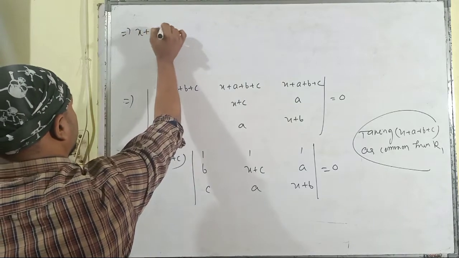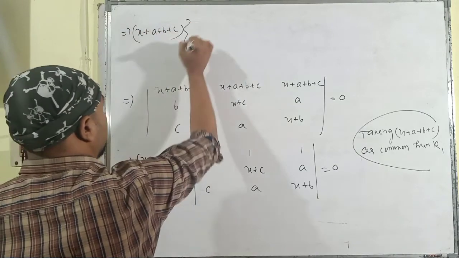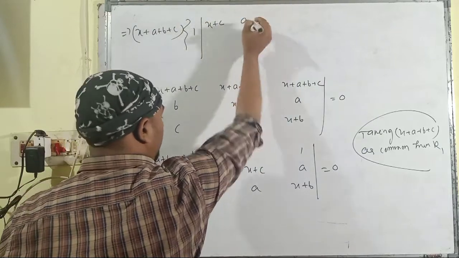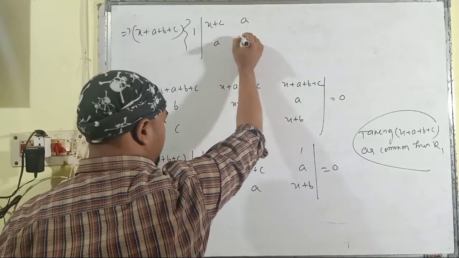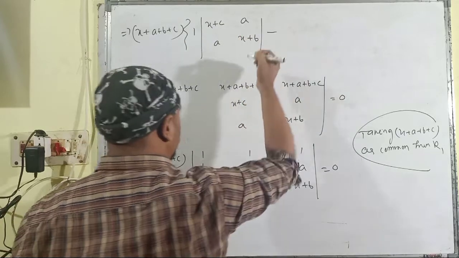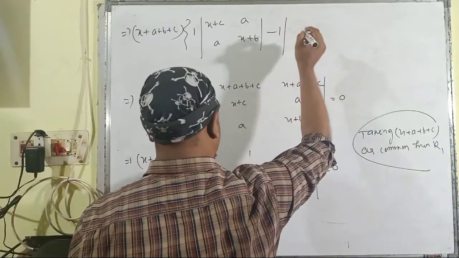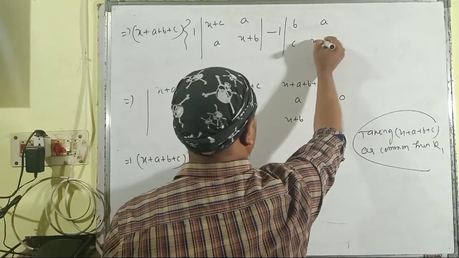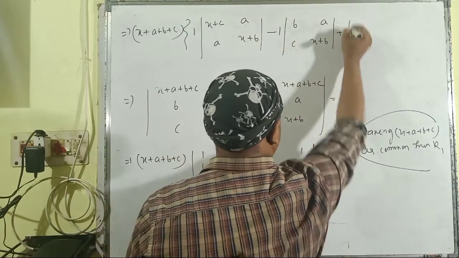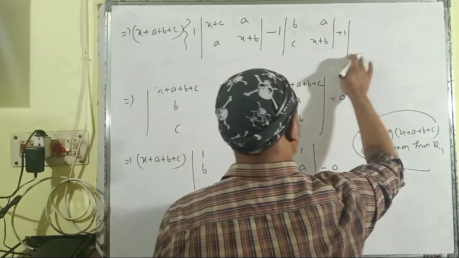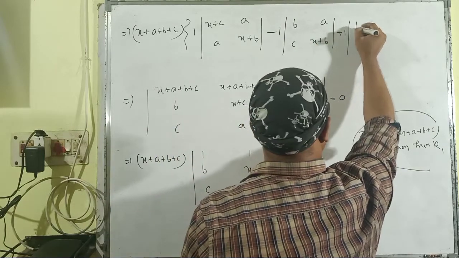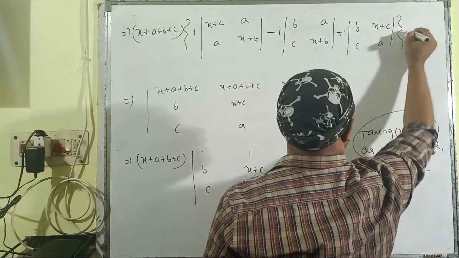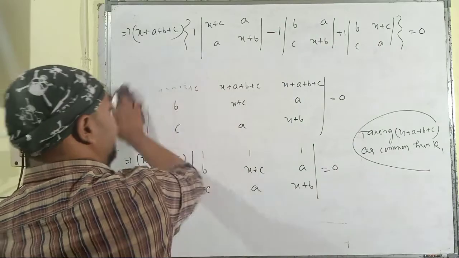x plus a plus b plus c, 1 multiplied with the determinant x plus c, a, a, x plus b, minus 1, this is b, a and this is c, x plus b, plus 1 multiplied with b, x plus c, c, a, and this is equal to 0.